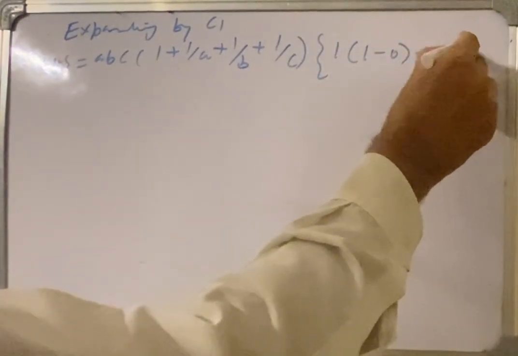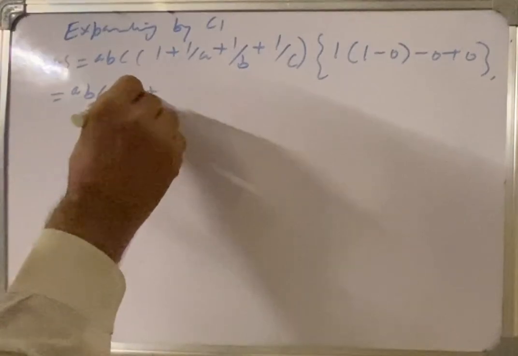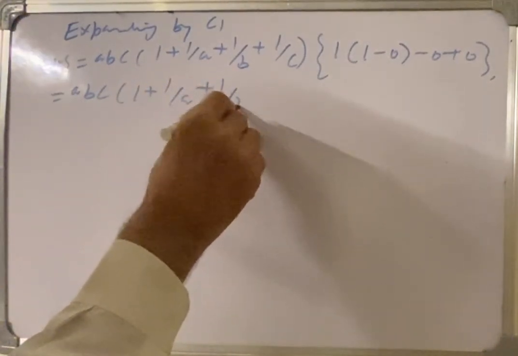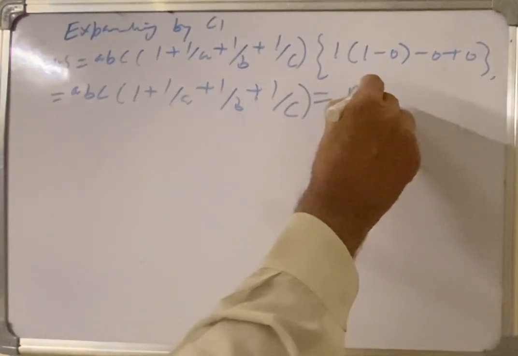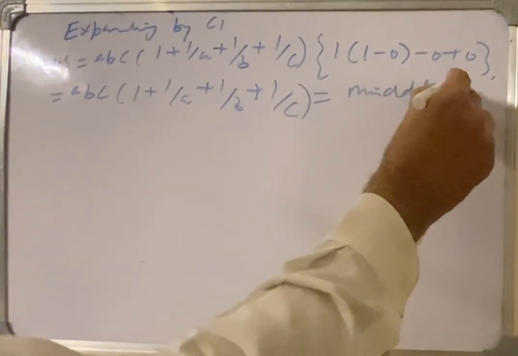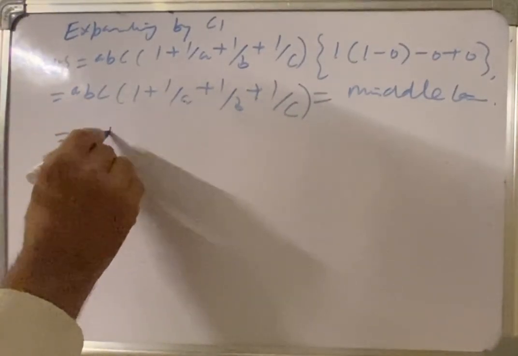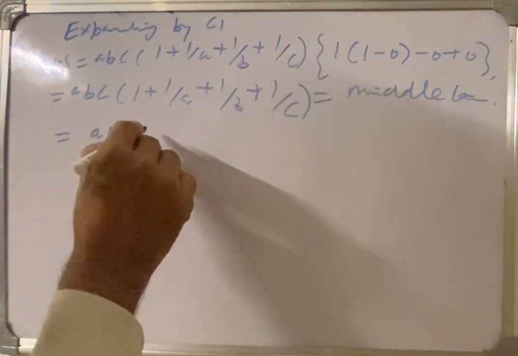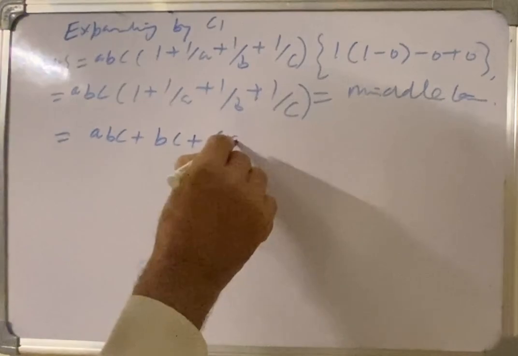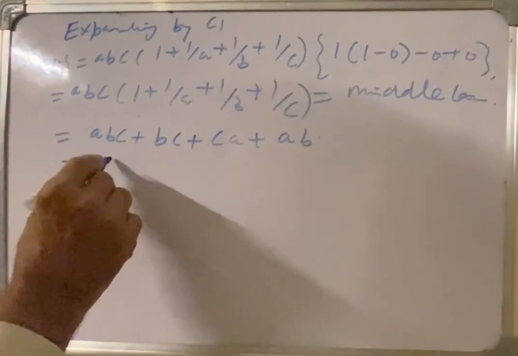So this is A, B, C into 1 plus 1 over A plus 1 over B plus 1 over C. Multiplying this, A, B, C plus B, C plus C, A plus A, B is equal to right hand side.